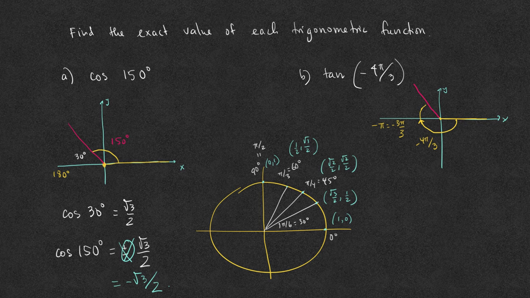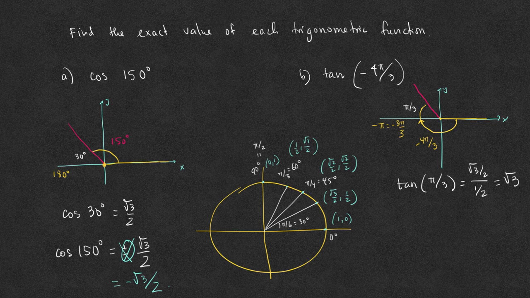The reference angle to this angle is therefore pi over 3. Recall that the reference angle is the magnitude of the angle, that is the shortest distance from the horizontal axis to the radius. We then go to the unit circle and locate pi over 3. At pi over 3, tangent of pi over 3 is y over x, or root 3 over 2 divided by 1 over 2, or simply root 3.